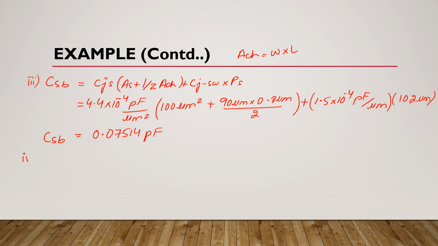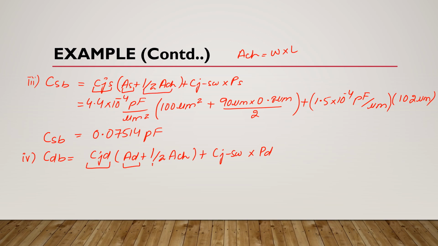Now we will find the value of drain to bulk capacitance. We know that the formula of drain to bulk capacitance is this. Now here we know that the values of source junction capacitance and drain junction capacitance are same. The values of source area and drain area are also same. This term is fixed here.